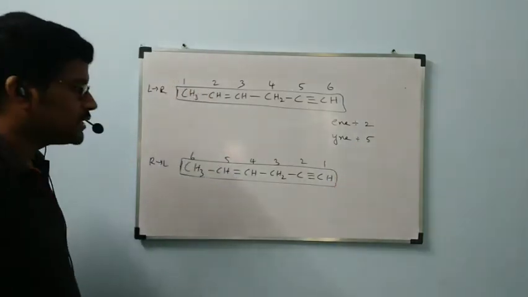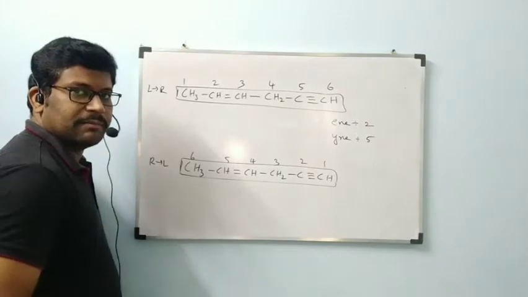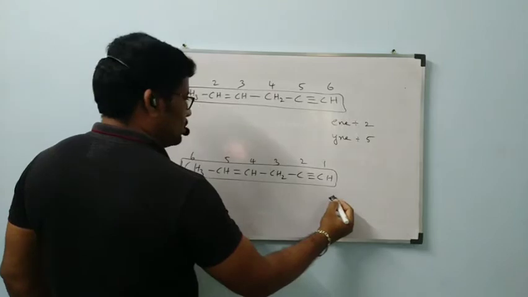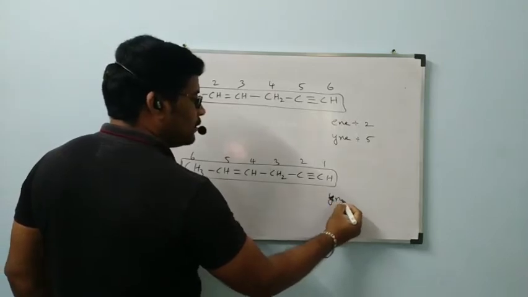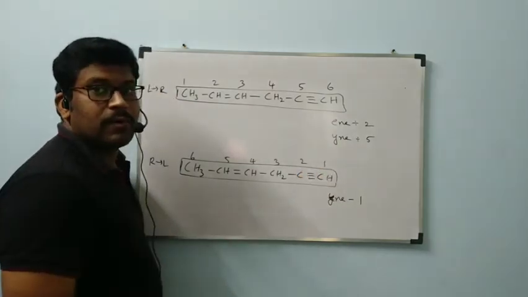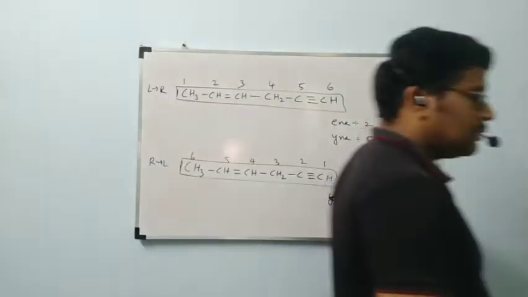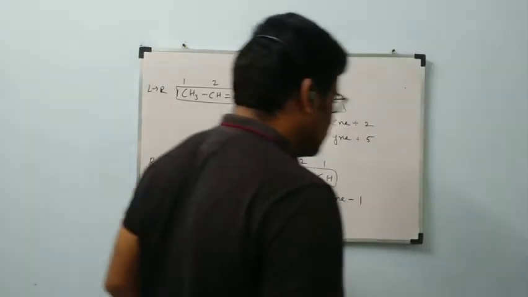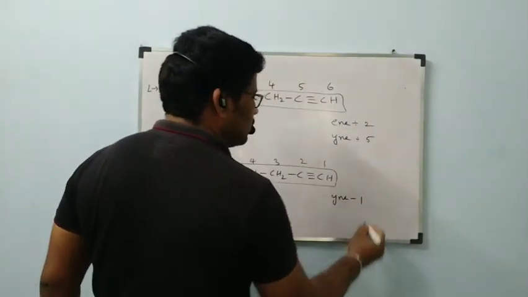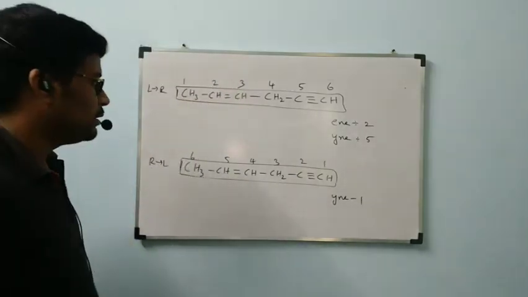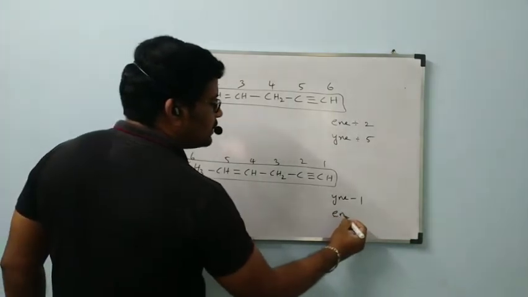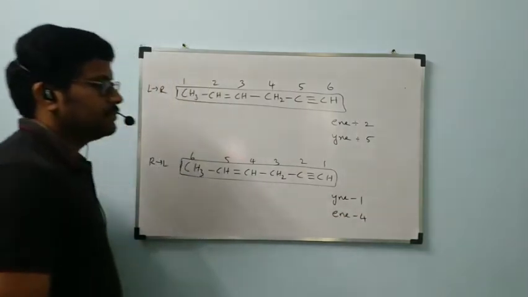Next, according to right to left numbering, ine is getting 1. Triple bond is present on the first carbon, so ine is present on 1. Next, the double bond is present on the fourth carbon, so ene is present on 4.